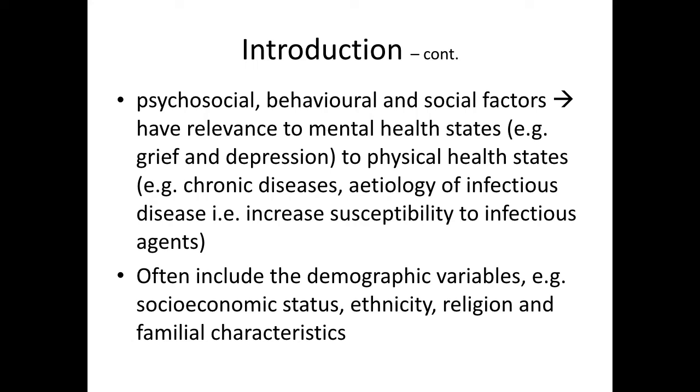Psychosocial, behavioural and social factors have relevance to mental health states, for example grief and depression. They are also relevant to physical health states, such as chronic diseases, the etiology of infectious disease, or increased susceptibility to infectious agents. These studies often include demographic variables such as socioeconomic status, ethnicity, religion, and familial characteristics.